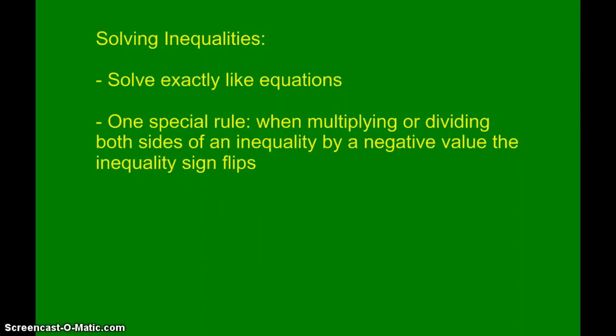If you multiply or divide both sides by a negative value, and again, it only applies if you're multiplying or dividing by a negative value, your inequality sign will flip. The reason why that happens is when you divide by a negative number, you're changing every sign in the problem. You're changing every positive to a negative, every negative to a positive. That also affects the inequality sign. So that inequality sign will change as well. Less than will become greater than.